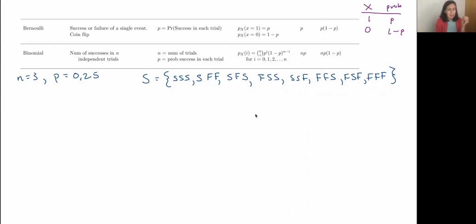What I would usually do when I'm listing these is be a little more systematic than I was here. I guess I was using a different system than my normal one. Usually I would list all of the ones with 1 success first, then all of the ones with 2 successes, up to 3.